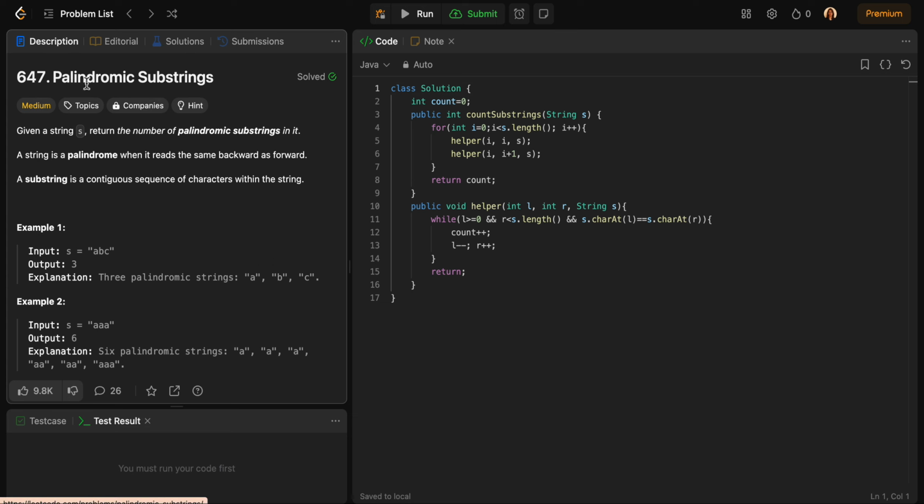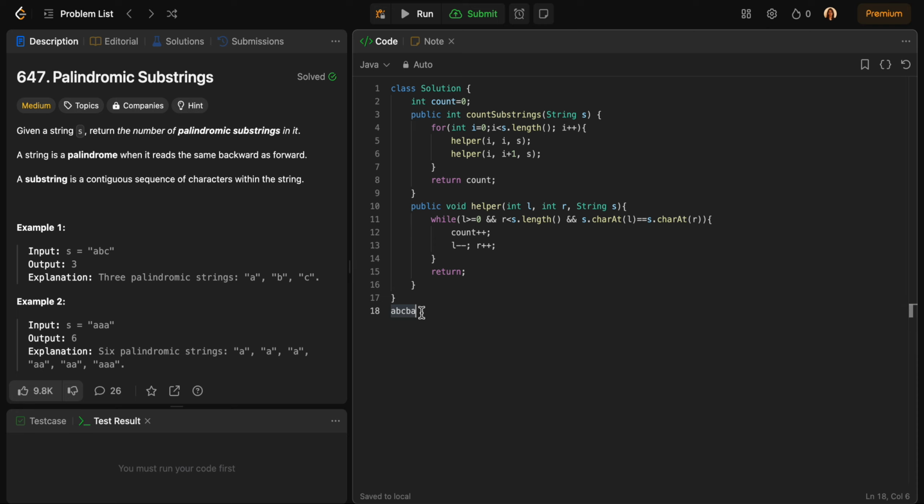So first of all, let's discuss how do we calculate a palindrome in the most efficient way. So let's suppose there is a string something like this, and how do we know whether this string is a palindrome or not? We know that once we reverse a string, and if it is same as the original one, it's a palindrome.